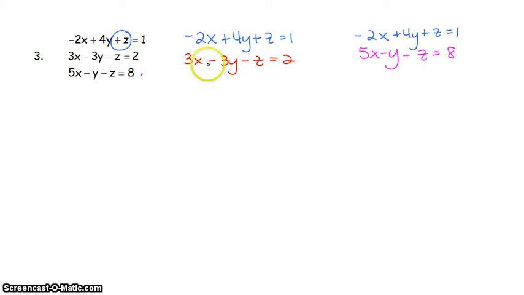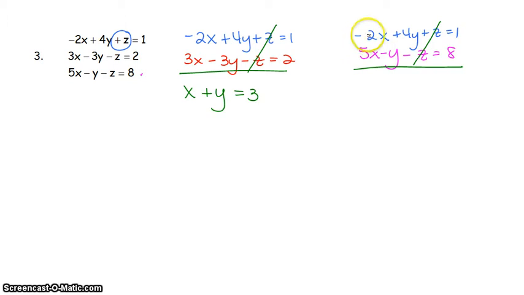Going back to our first one, our z's actually already cancel. We've got a positive z and we've got a negative z, so we don't have to worry about getting those to cancel. And that leaves us with a positive x, a positive y equals 3. We look at our second equation. Again, our z's end up canceling, so that's nice. We don't have to worry about making our variables eliminate.